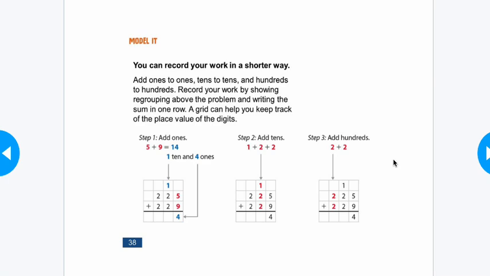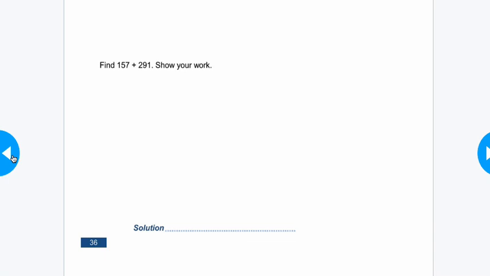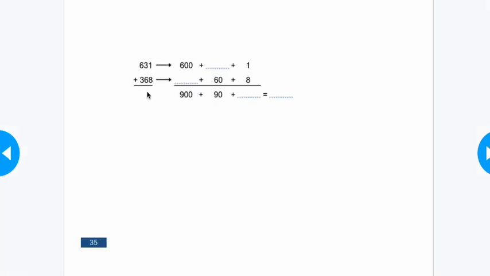Let's go ahead and try another one. So sometimes we can try our work in a different way. We can just go ahead and align those place values. So as we add the ones to ones, the tens to tens, and hundreds to hundreds, we can show regrouping by carrying it over in these like place value alignment. So do we always need to do this partial sum strategy?